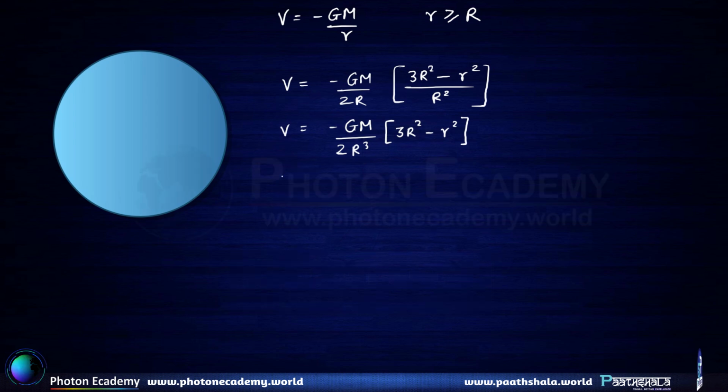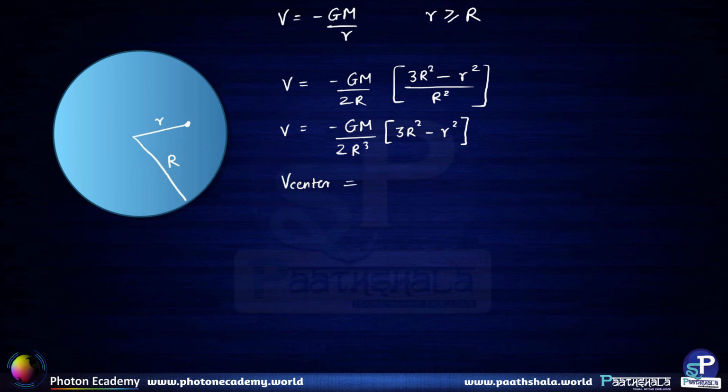So because of this, we understand that we are at the center. So basically R is the distance from the center and capital R is the radius. At the center, the distance from the center is going to be 0. So at the center, the potential is going to be minus Gm into 3 by 2 capital R. This is going to be the potential.